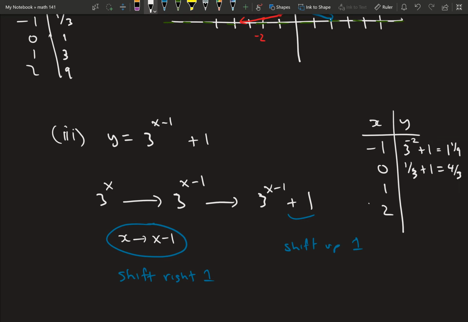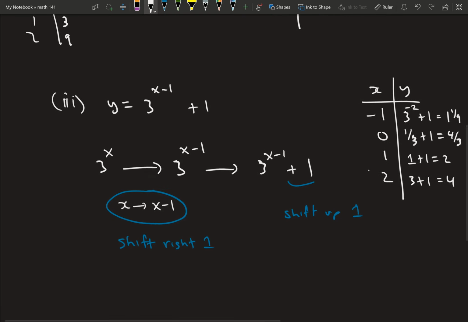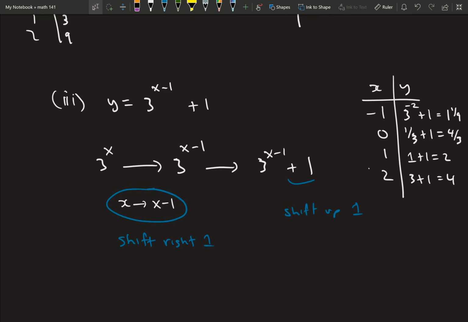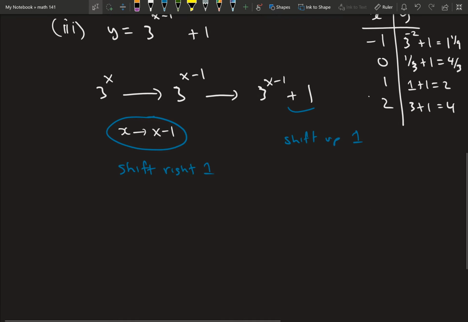If we plug in 1, we get 3 to the 0, which is 1 plus 1, which is 2. And at 2, we get 3 plus 1, which is 4. So let's plot these points, because these points are going to be useful in doing the graph. And we'll see that it ends up being exactly the shift that we talked about.